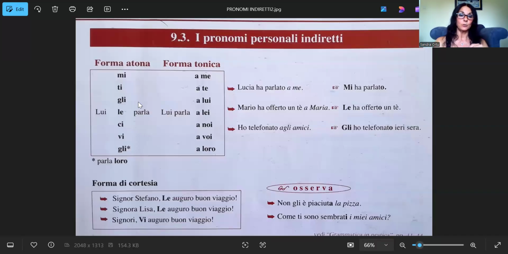So the pronouns go before the verb, just like the direct object pronouns.